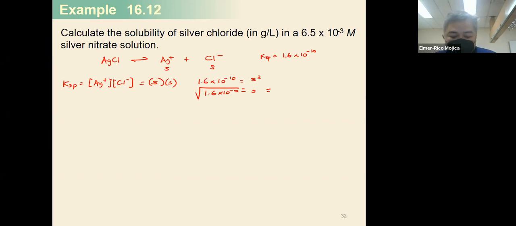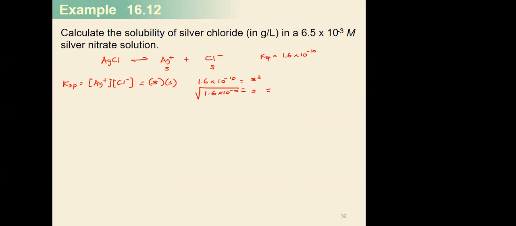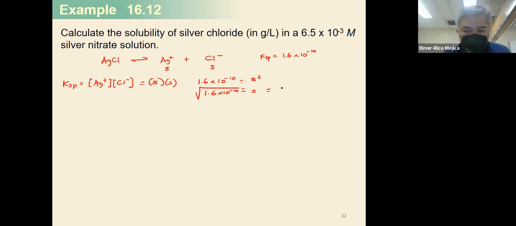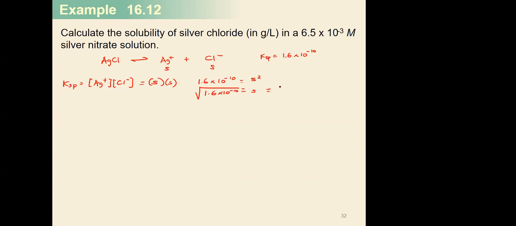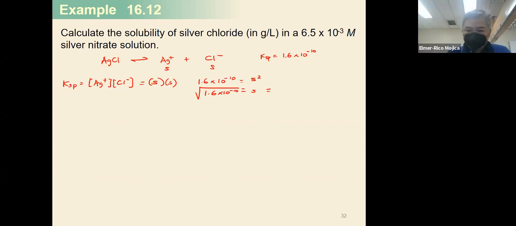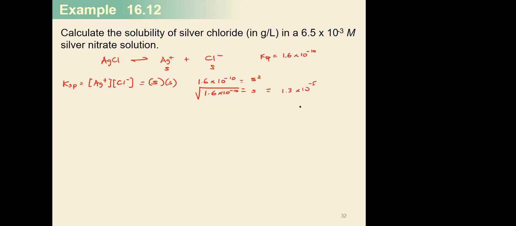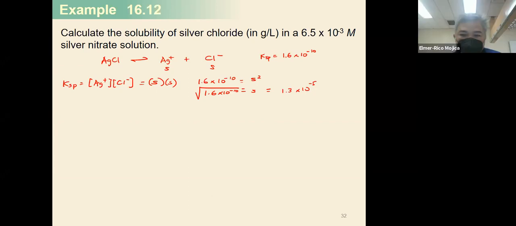Anyone? 2.55 times 10 to the negative 5. So what is this again, Tigran? Is it 2.55? I get 1.26. I got 1.26 times 10 to the negative 5. That's what I get.